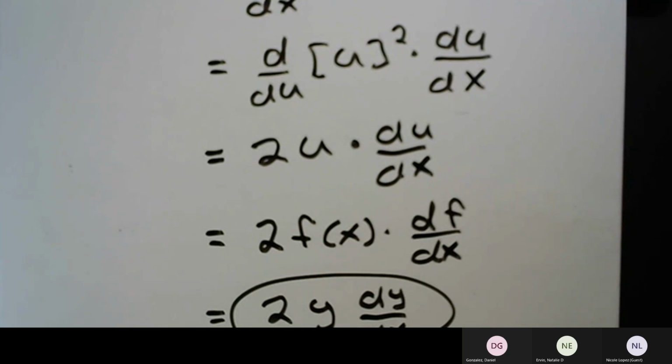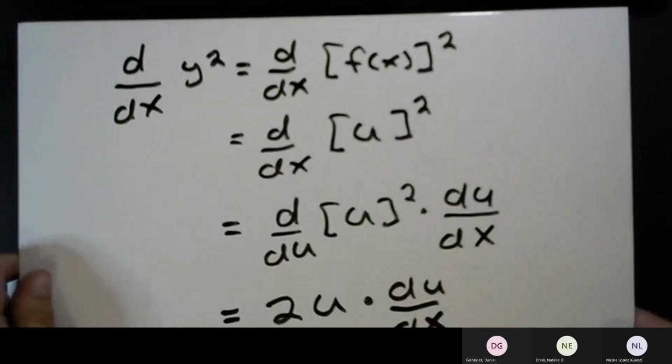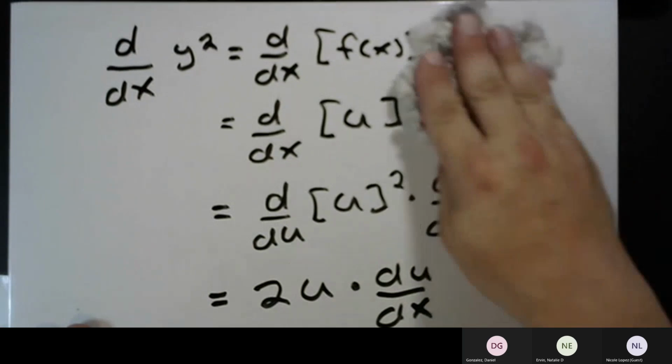So if we go back, and I'll do some more examples, I'll do them more efficiently than this. But if we go back to the original equation, x squared plus y squared equals 1, and we have our derivatives, what this means, if I'm going too fast, let me know.